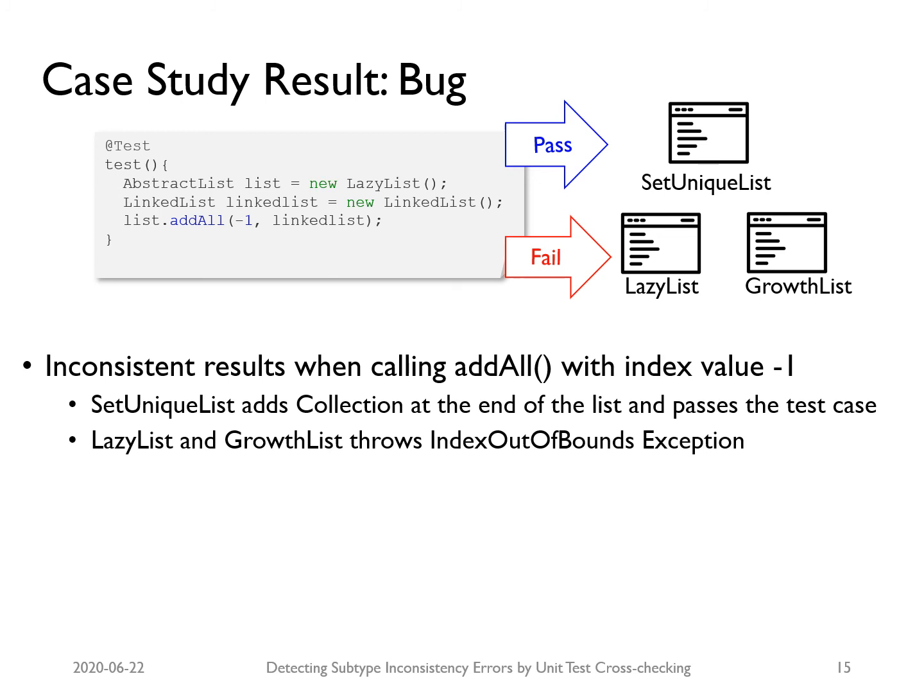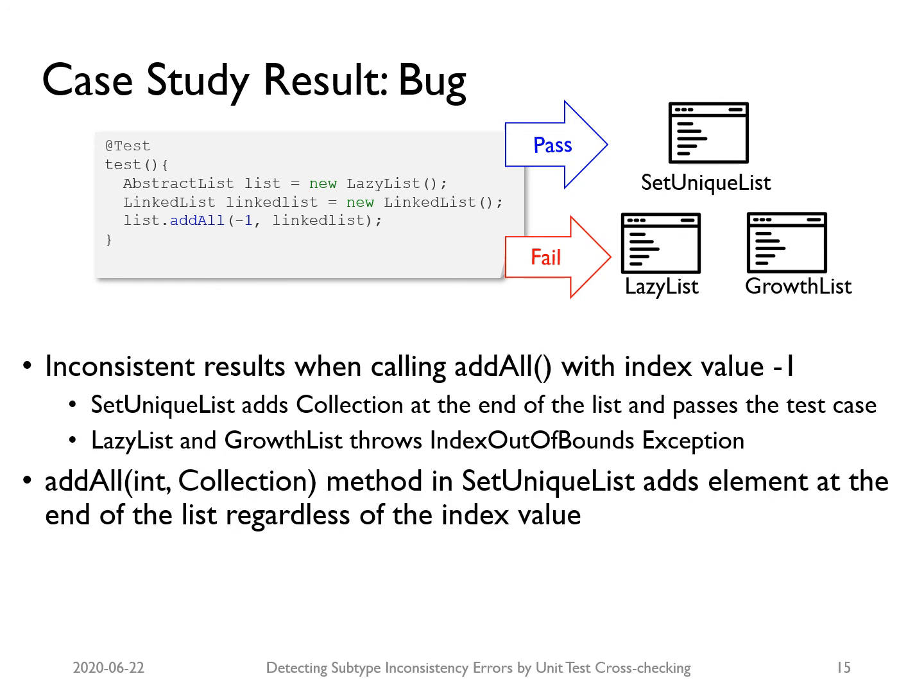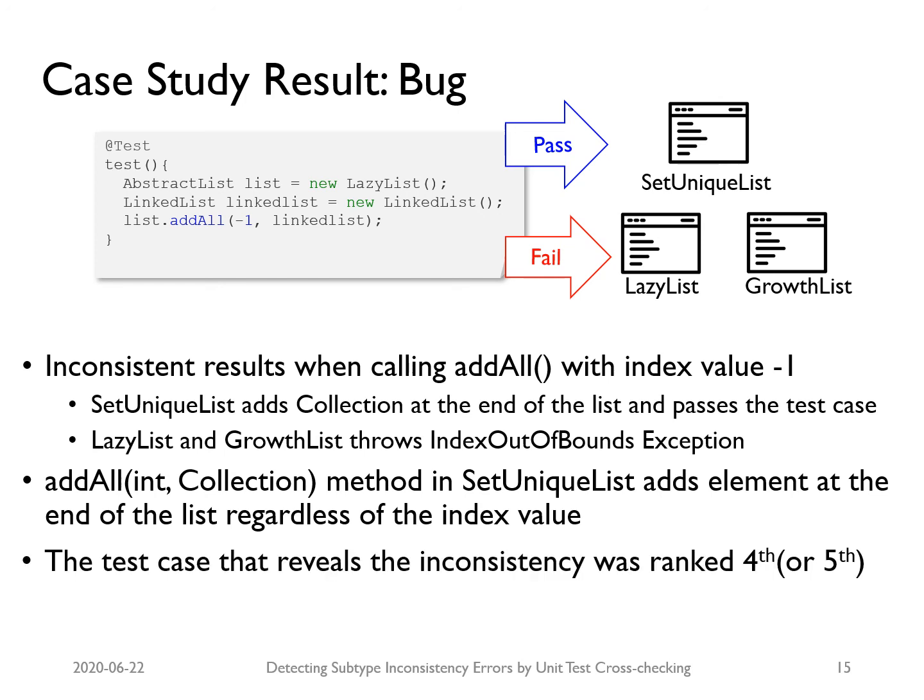But on lazy list and growth list, the test throws an index out of bounds exception. When we examined the source code, we found a bug in set unique list that adds the object received at the end of the list regardless of the location the argument is given. The test case that revealed the bug was found in the 4th or 5th test case in the ordered list.